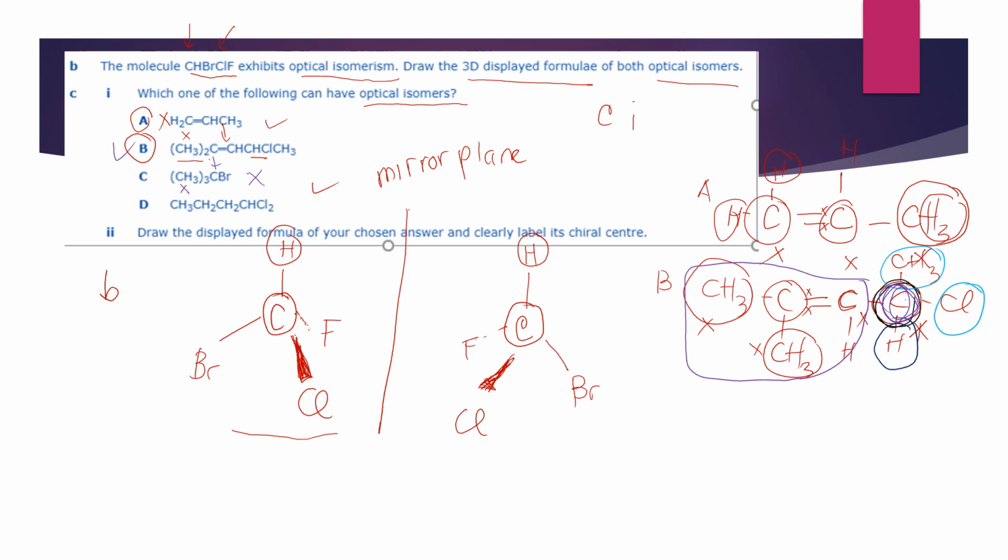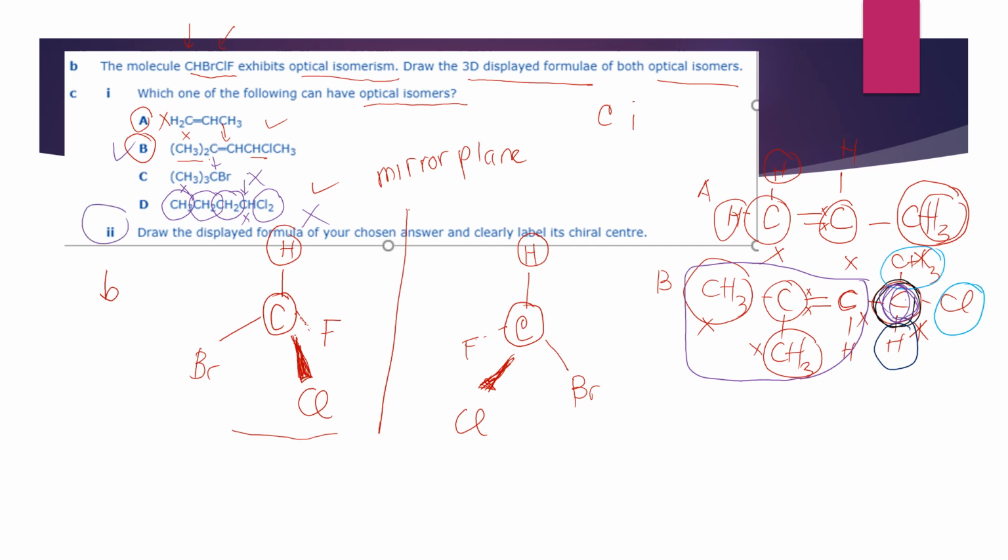There is no chiral center. And then here there are 2 Cl attached to carbon. So this is not a chiral center. So D is not a substance with optical isomers, so it's wrong. The answer is B.